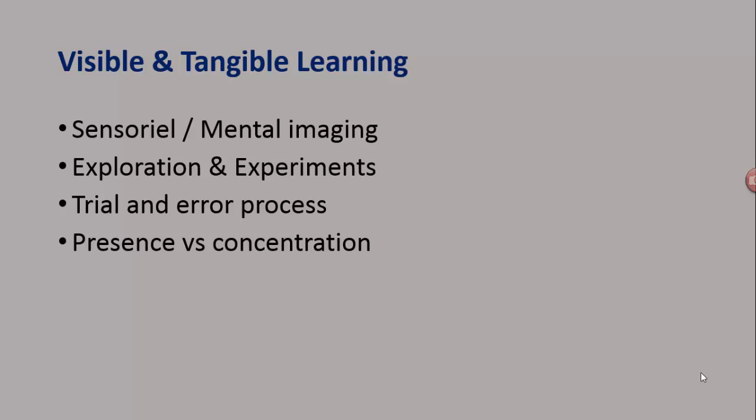On the other end, the teacher also has to be present to the student, observing the situation and able to speak when required, or act, react, guide, facilitate, but not force the student to memorize something, rather to discover it. So all these concepts are in visible and tangible learning.